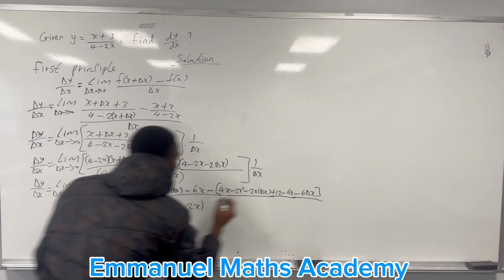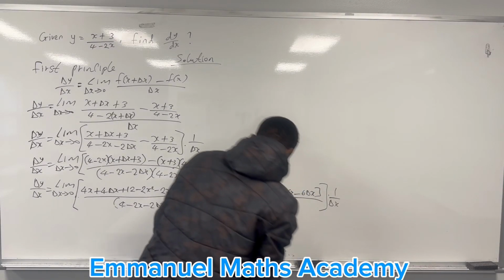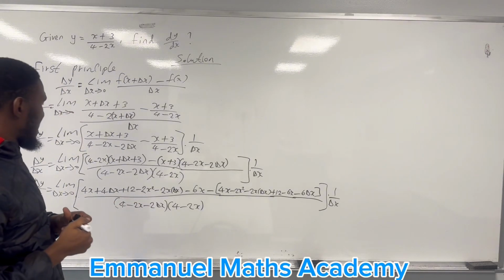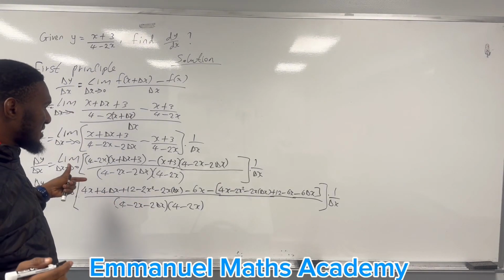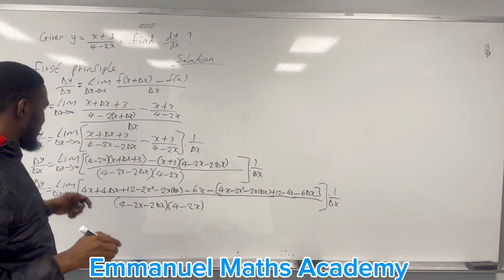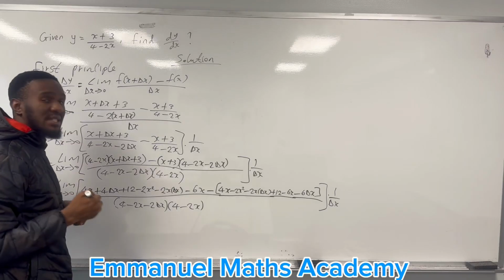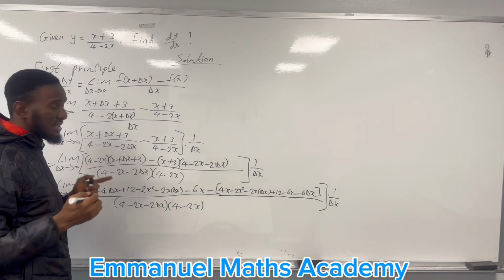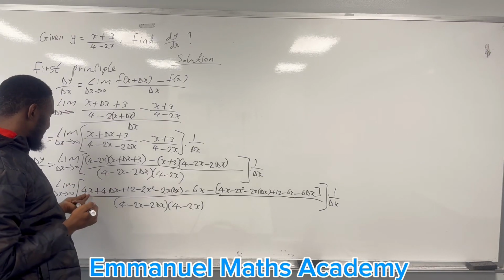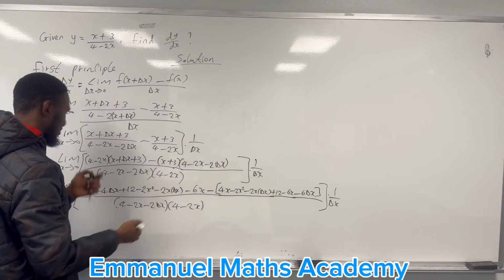So remember, you have your 1 over delta x outside. It seems like we'll be collecting like terms since they have so many things in common. What I mean is that we have to cancel out and add and subtract; call it collection of like terms. Those terms that have the same degree, like the same polynomial. Since we have 4x here and another 4x here, you can bring them together, subtract or add.